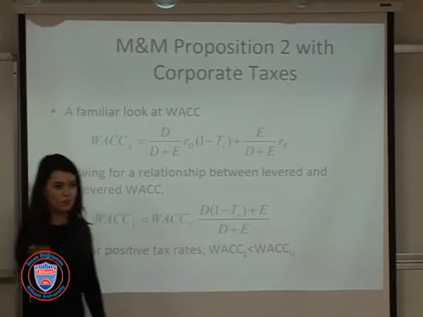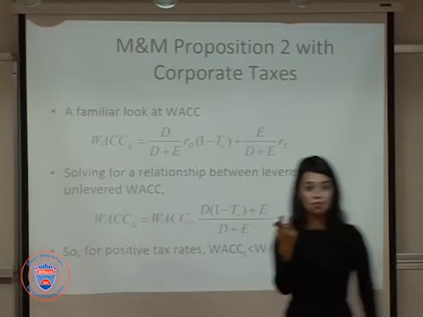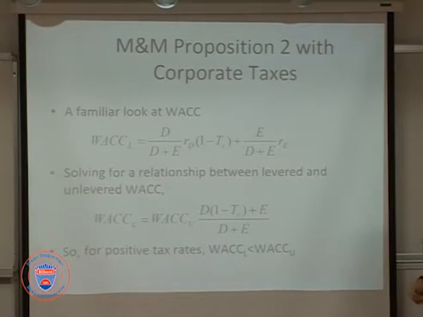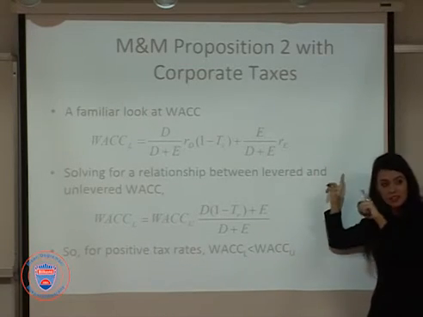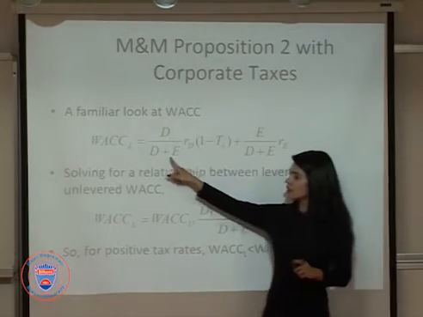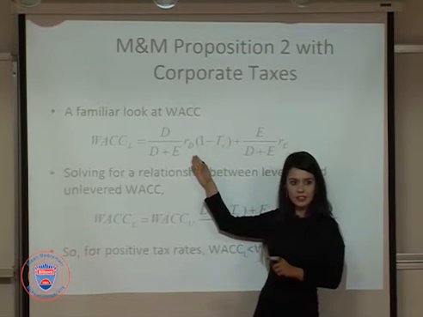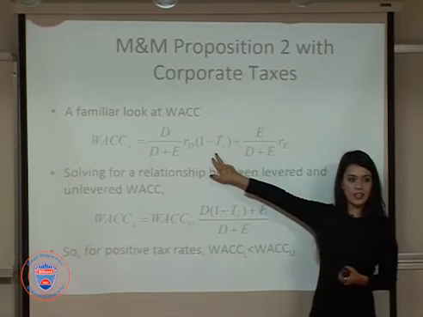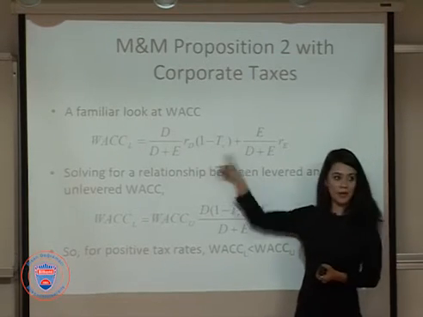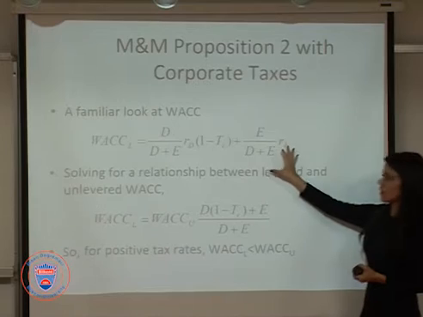Now let's look at proposition 2, which was about weighted average cost of capital. So when we have debt, things change a little bit. Pay attention, please. So this is weight of debt, cost of debt. Since we have tax now, I have to consider the tax advantage. So I have 1 minus t here. This part is the same.